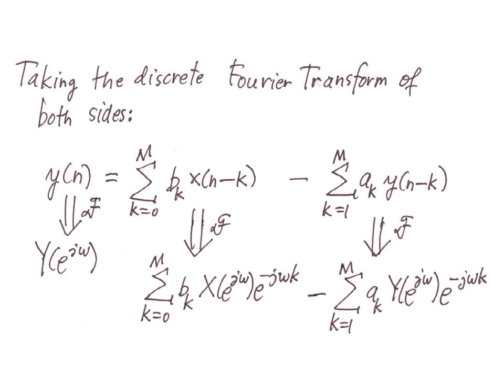If you take the discrete time Fourier transform, I should have said discrete time in this slide, the DTFT of both sides, you will get a summation of terms where the x of n minus k time shift is expressed in frequency as a scaling by a complex exponential. Then X of e to the j omega may be factored out of the summation because it's not a function of k. Same with Y of e to the j omega.